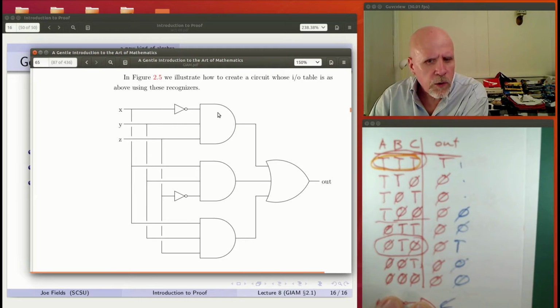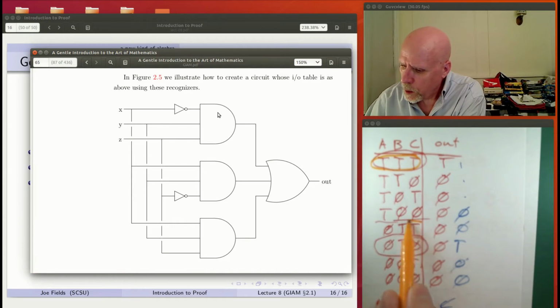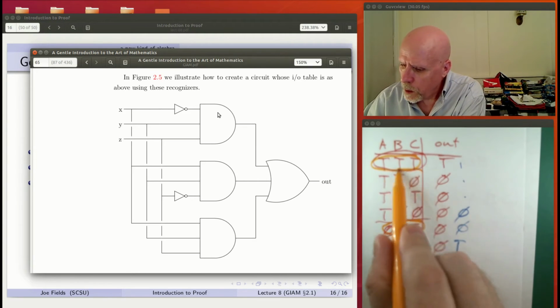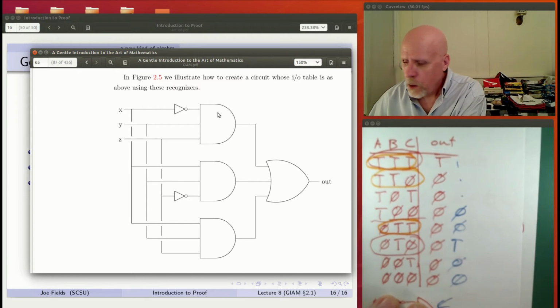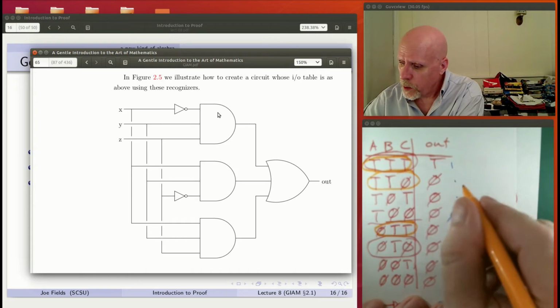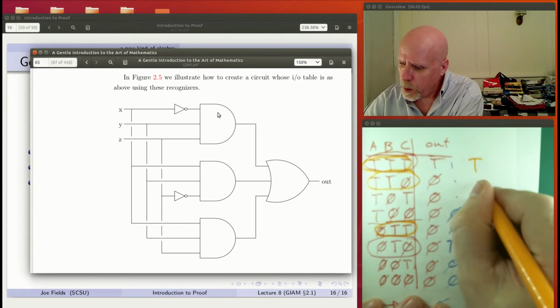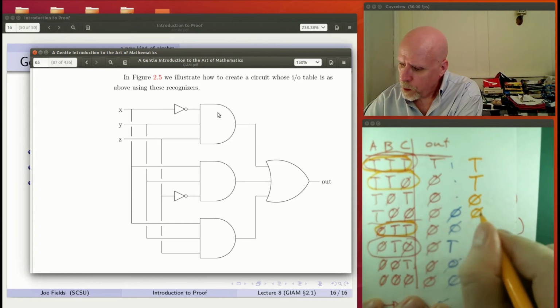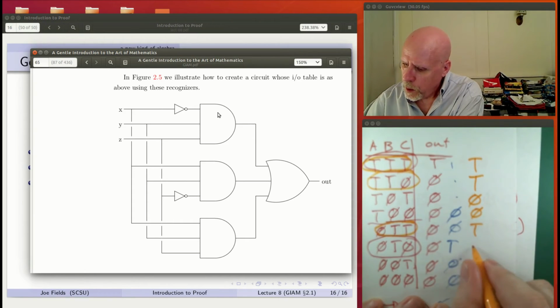That's false, true, true. That's here. And then the middle guy is true, true, false. That's here. So the circuit that we've got there and the Boolean expression that was just under it would produce this output. True, true, false, false, true, false, false, false.